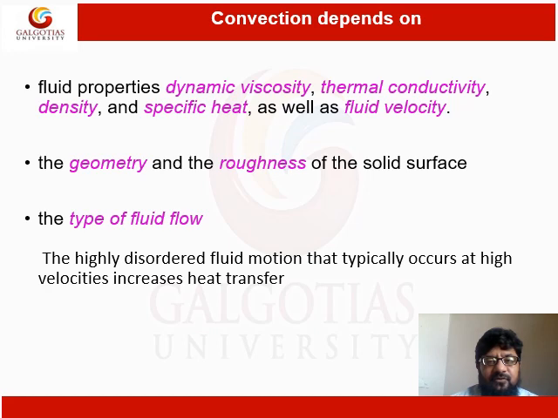The higher the fluid velocity, the higher the convection rate; the lower the specific heat, the higher the convection rate. The higher the thermal conductivity of the material, the higher the convection rate. It also depends upon the geometry and the roughness of the solid surface.